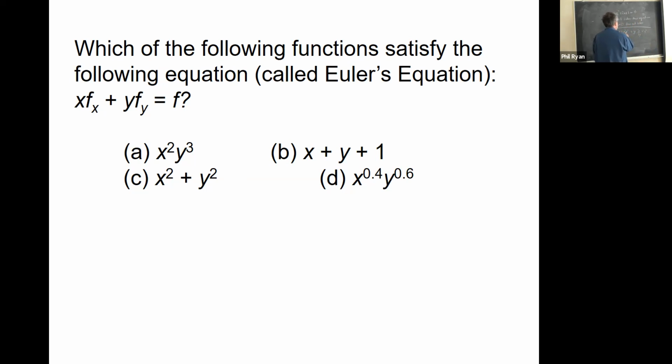Well, the partial derivative with respect to x is 2x y cubed, so x times 2x is 2x squared times y cubed. Partial derivative with respect to y is 3x squared y squared, multiply it by y, we get 3x squared y cubed. Put it together, you get 5x squared y cubed.